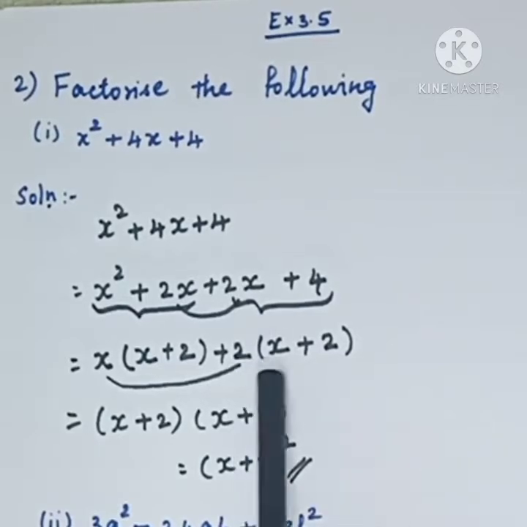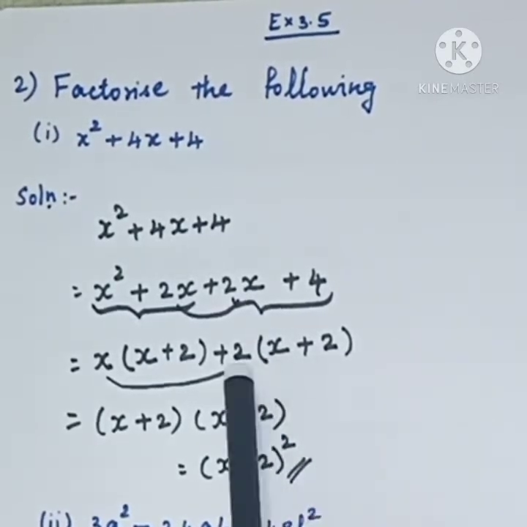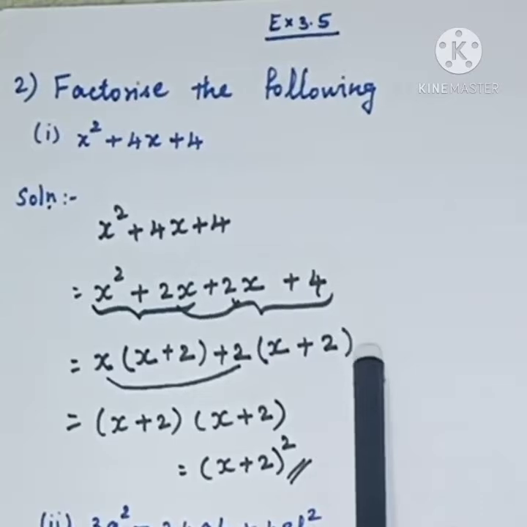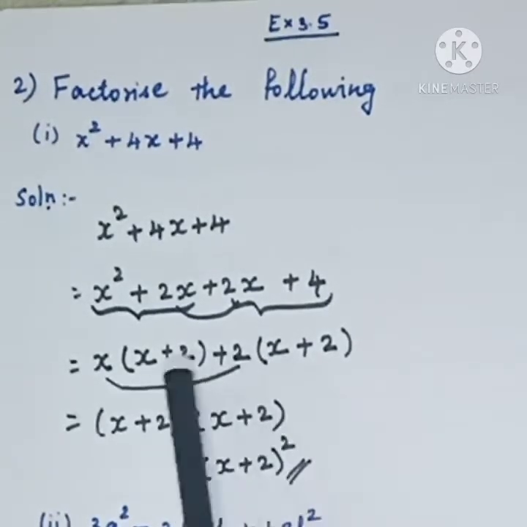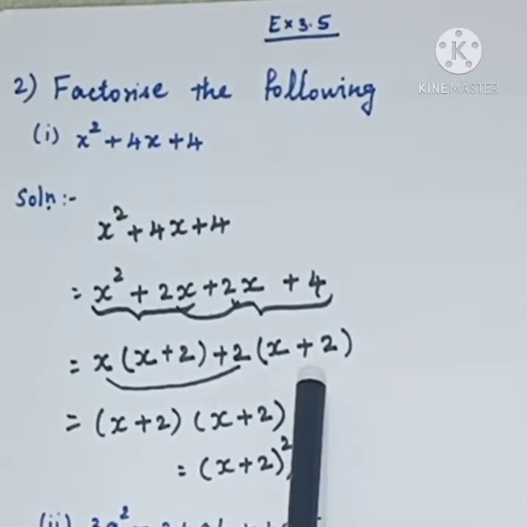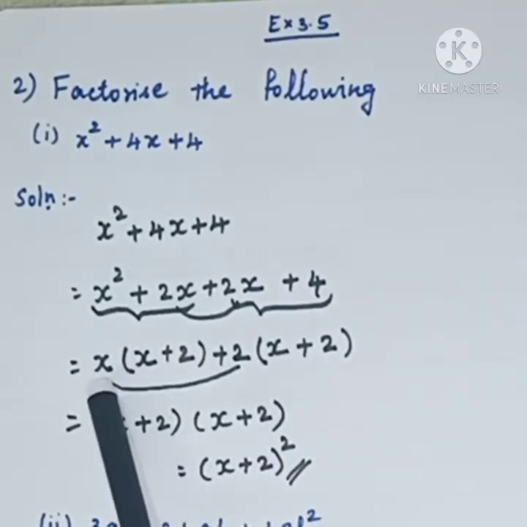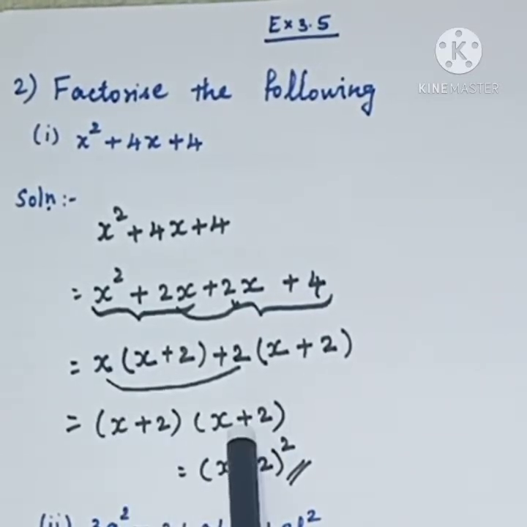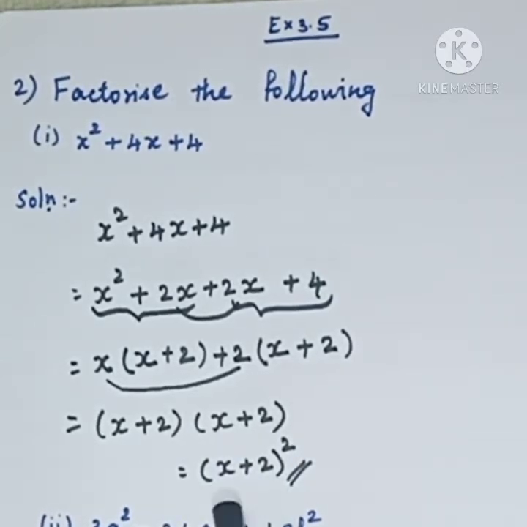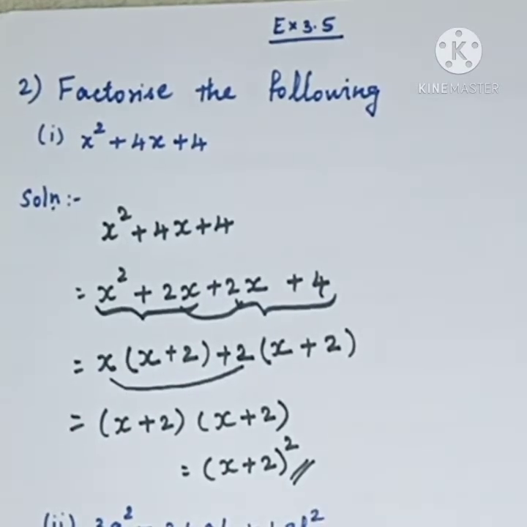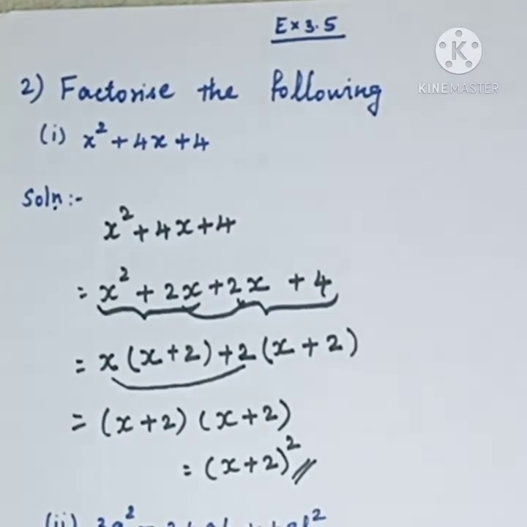So 2 into x is 2x, and 2 into 2 is 4. Now within the bracket we have x plus 2 and x plus 2. So take that x plus 2 outside, and outside the bracket we have x plus 2. So x plus 2 into x plus 2 can be written as x plus 2 the whole square. This is the answer for the second sum, first subdivision.